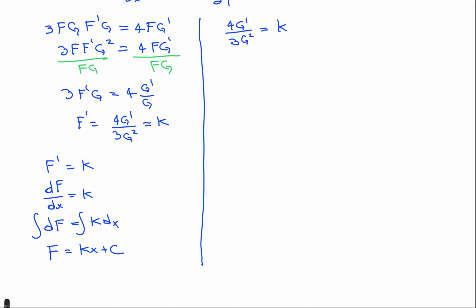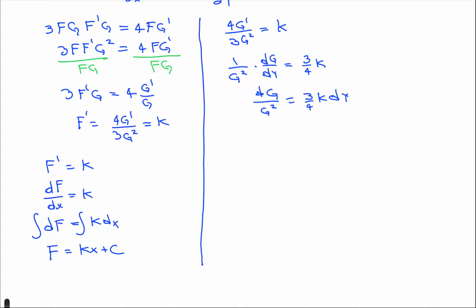That's going to leave us with 1 over g squared times dg dy equals 3/4 k. Keep separating the variables, because g is a dependent variable and a function that depends on y. So we're left with dg over g squared equals 3 over 4 k dy.